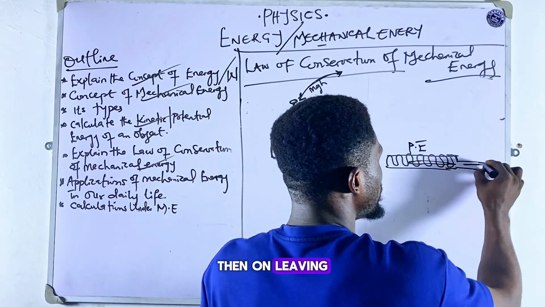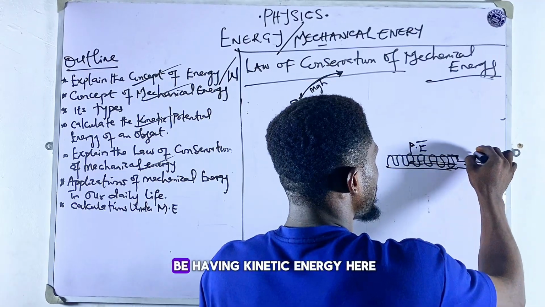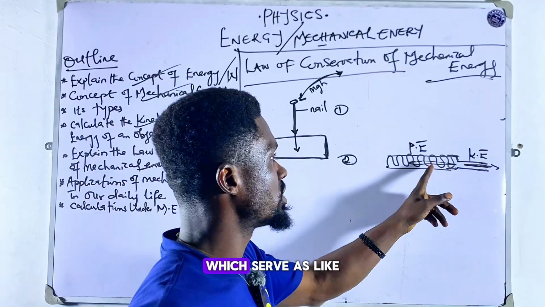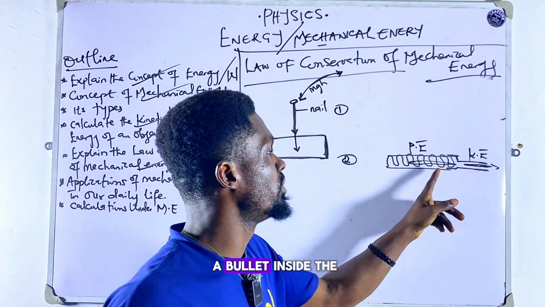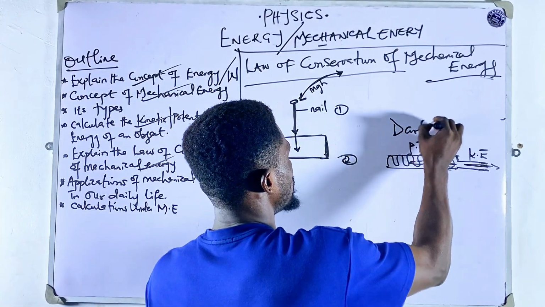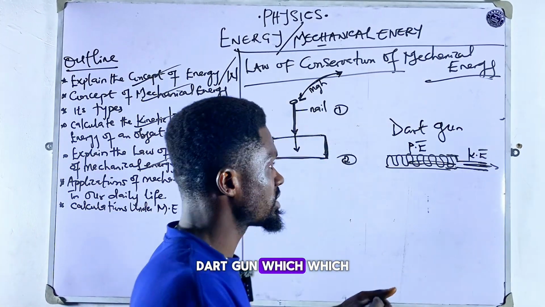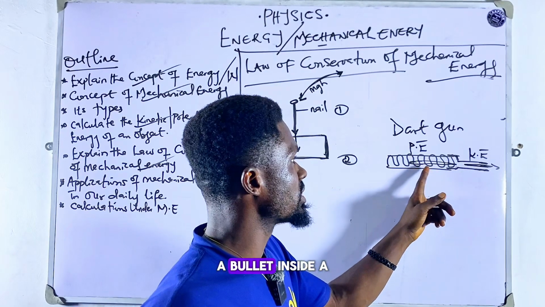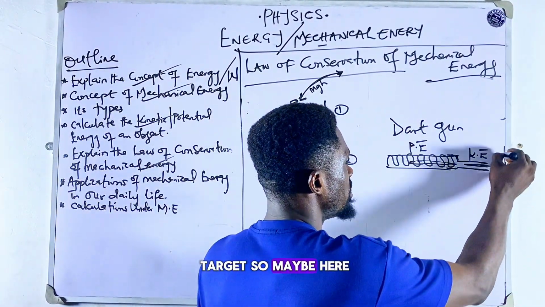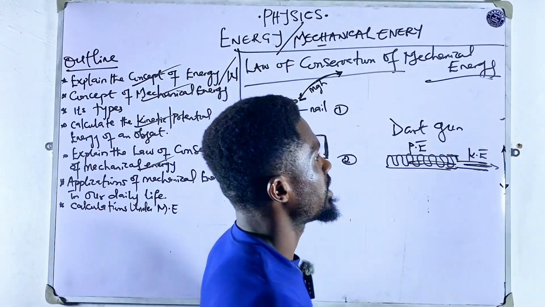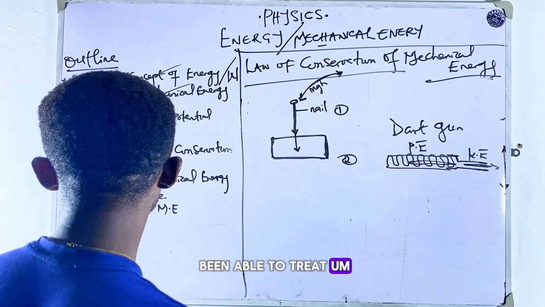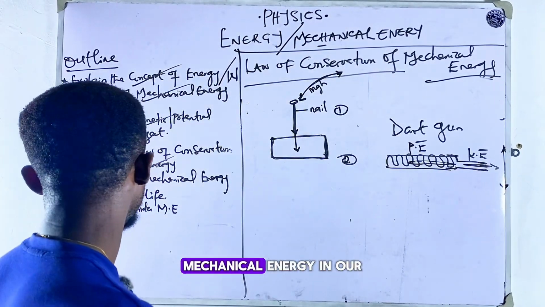Then on leaving, we have kinetic energy that will cause the material which serves as a bullet inside the dart gun to leave and hit a target. So maybe here is a target. Are you with me? So with this, we've been able to treat applications of mechanical energy in our daily life.